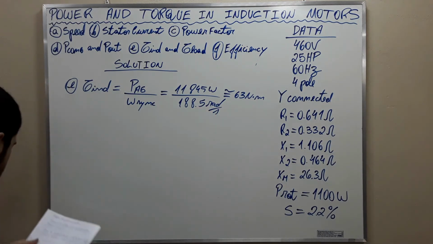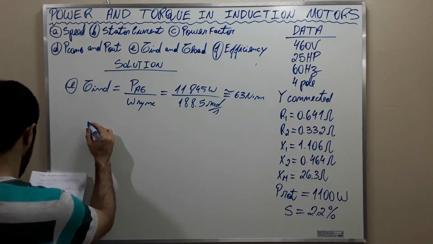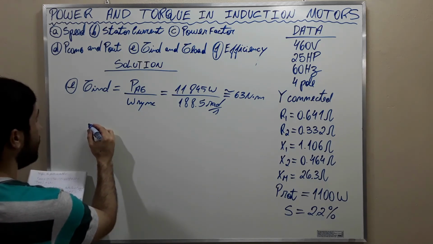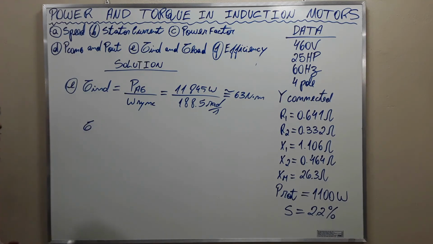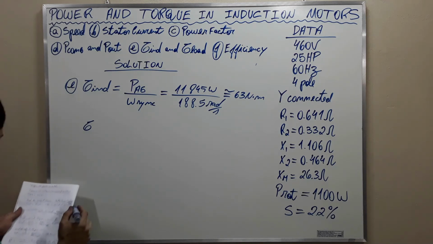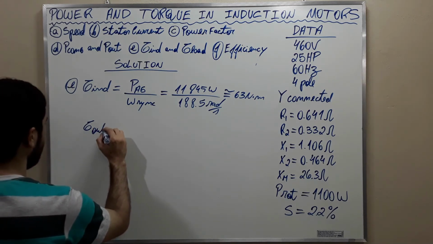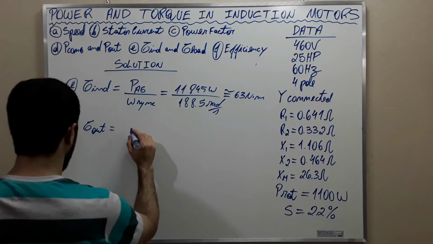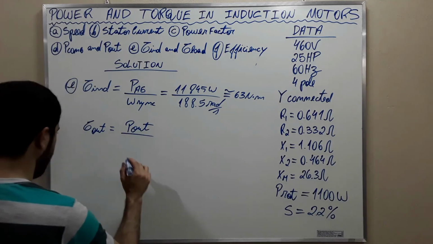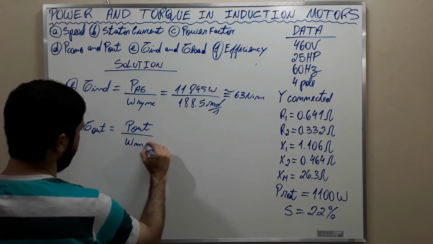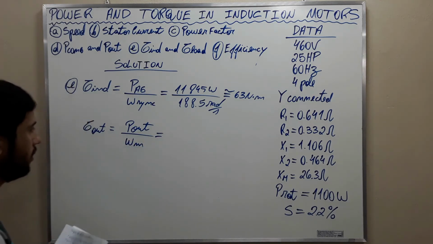Now let's calculate the torque delivered to the load, or the output torque, which is equal to Pout divided by the rotary frequency in radians per second.